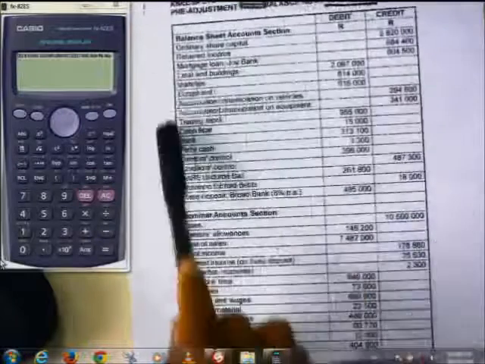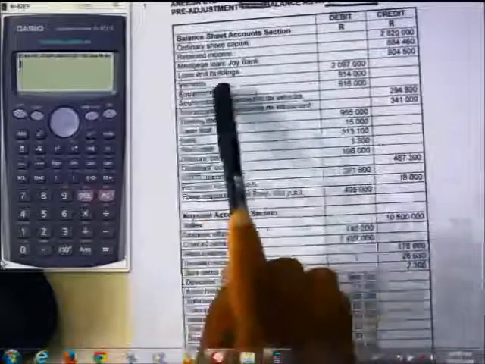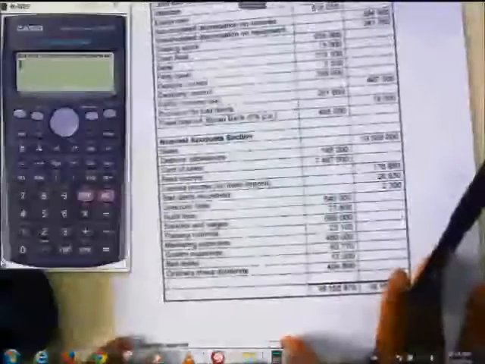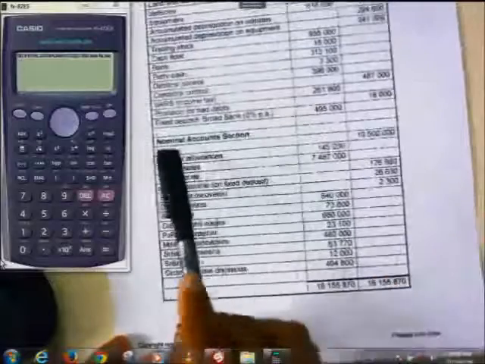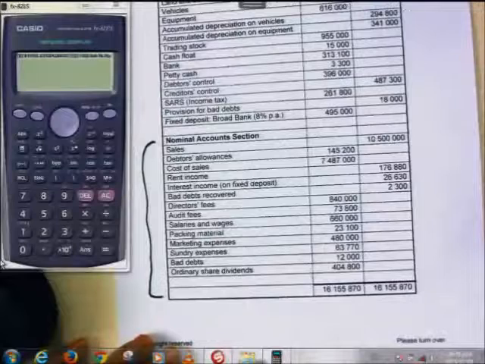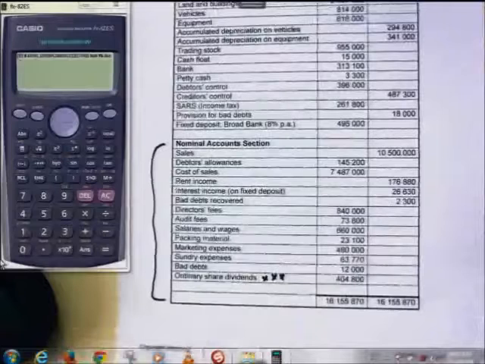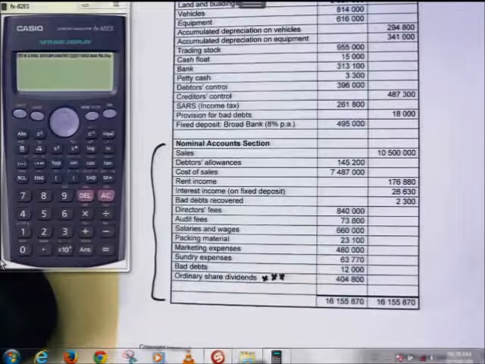So you cannot include any amount or account from there in the income statement. You are only going to check the nominal account section. This is the incomes and the expenses, with the exception of that expense, but we'll come to that. So we check the trial balance.